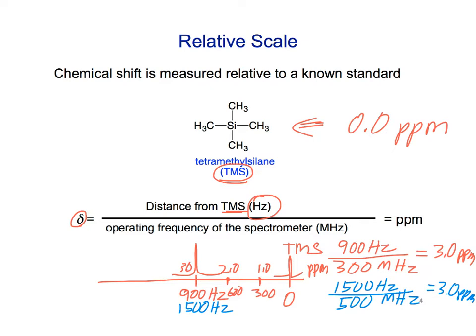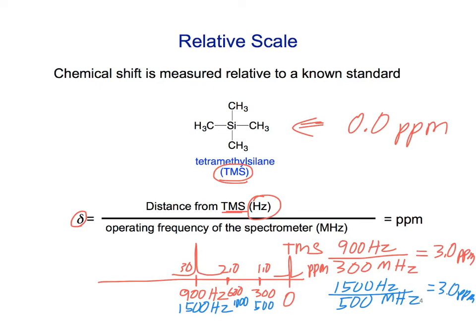In a 500 megahertz NMR, this would be 500, 1,000 and 1,500, so we have 500 hertz in every part per million. So we've normalized this, so no matter what instrument you use and what magnetic field strength you have, this delta scale gives the same value.